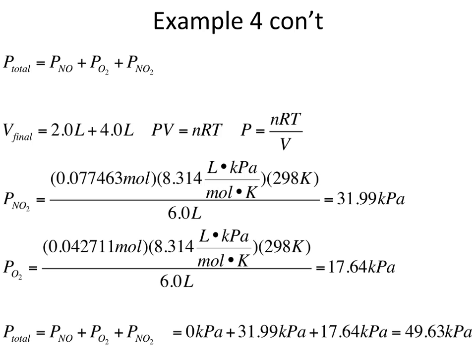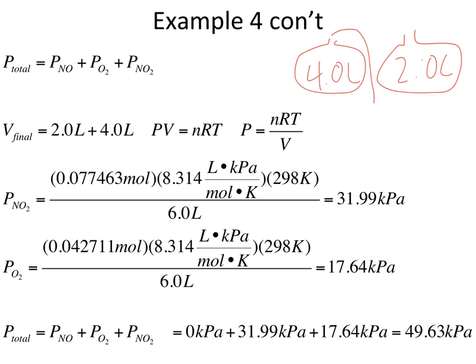We had 4 liters of one gas and 2 liters of another gas, one in one flask and the other in another flask. Now, what happened is that they were both mixed into another flask. Well, if I put 4 liters of one gas and 2 liters of another gas, what's my total? 6 liters.